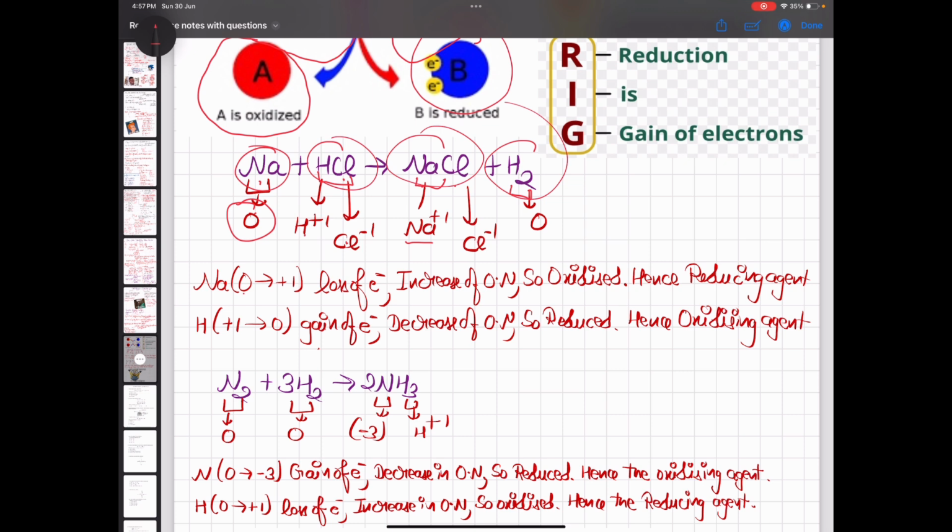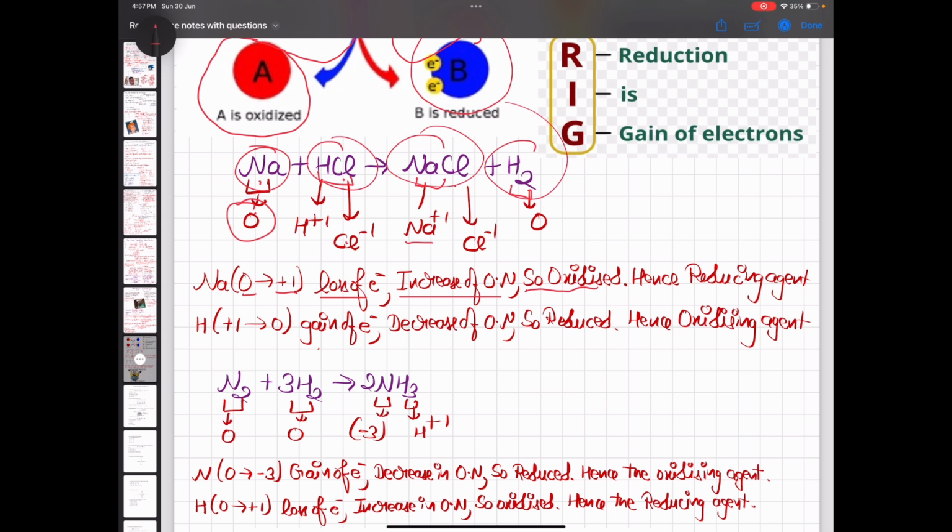So now Na is going from 0 to plus 1, means this is loss of electrons, increase in oxidation number. So Na is getting oxidized. Now again, you can just remember that whatever gets oxidized behaves as a reducing agent. But if you want to understand it more conceptually, just think about it. Na is losing electrons.